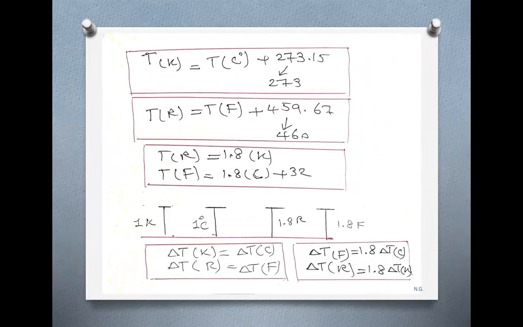We all know that we can convert Celsius or centigrade to absolute temperature in SI system, which is Kelvin or thermodynamic temperature, by adding 273, to be exact, 273.15. So temperature in terms of centigrade plus 273 converts it to Kelvin.